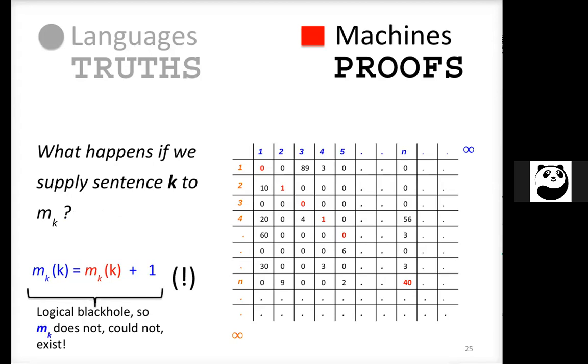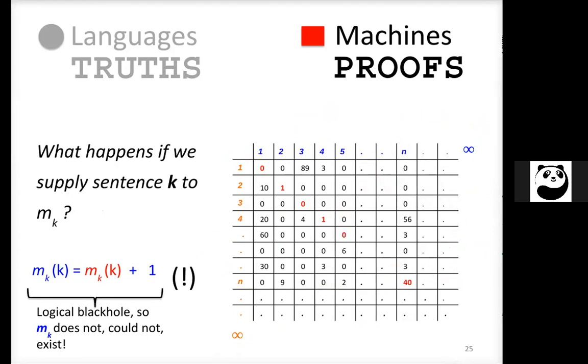It is yet another black hole, a logical black hole that we stumbled upon. Which means what? It means that our initial assumption was that for every language out there, there is a machine, there is a way for us to enumerate every possible language in some encoding, and a way to enumerate every possible machine in some encoding, and this table will be true.